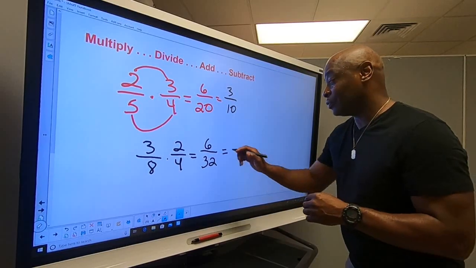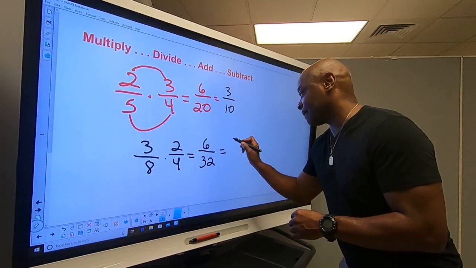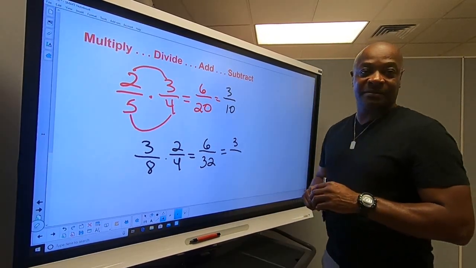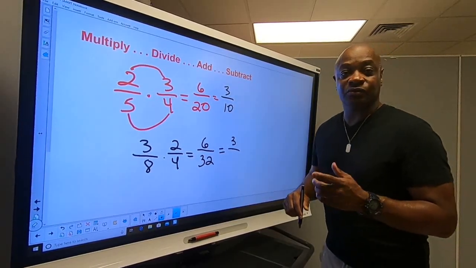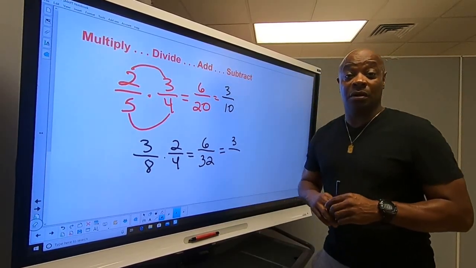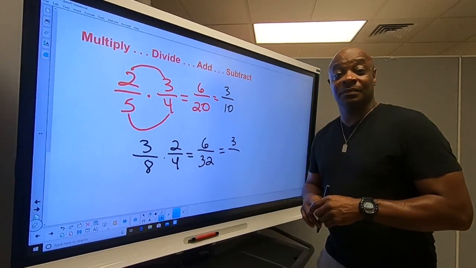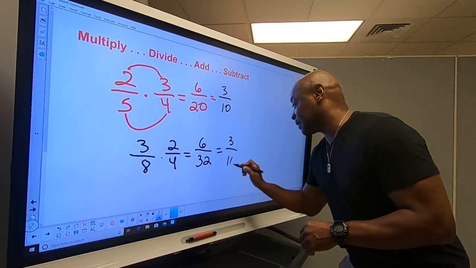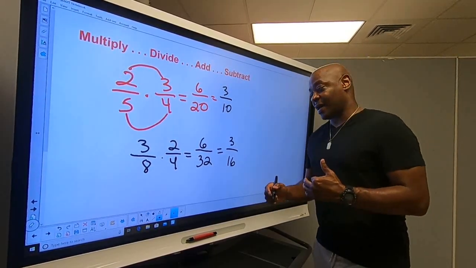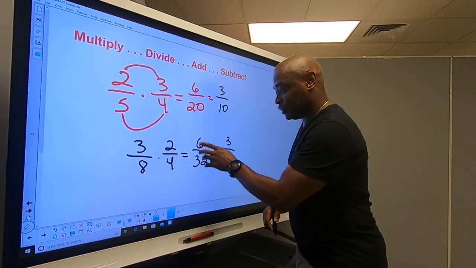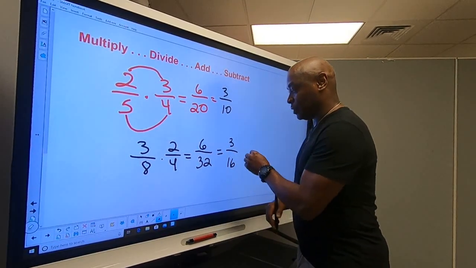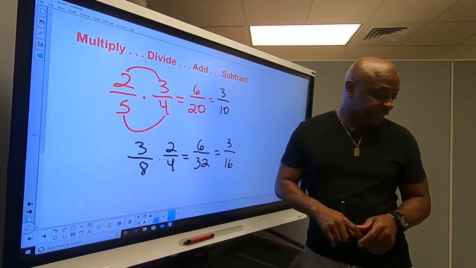Good. 2. 2 will go into 6 how many times? 3 times. Good. How many times will 2 go into 32? Oh, a little different right here now, huh? Good. 16. So now, we have simplified this problem, okay? We have reduced 6 32nds to what? 3/16.